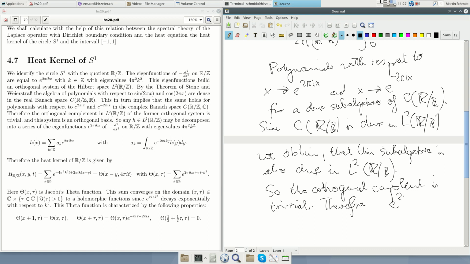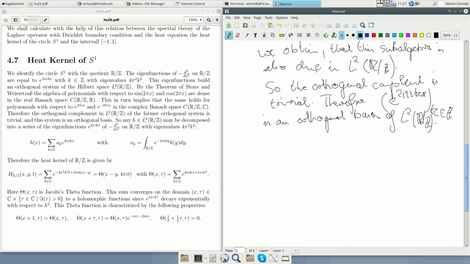And this shows, therefore, that these functions exponential 2 pi i kx with k labeled by integers are an orthogonal basis of L2 of this space. This is very nice.